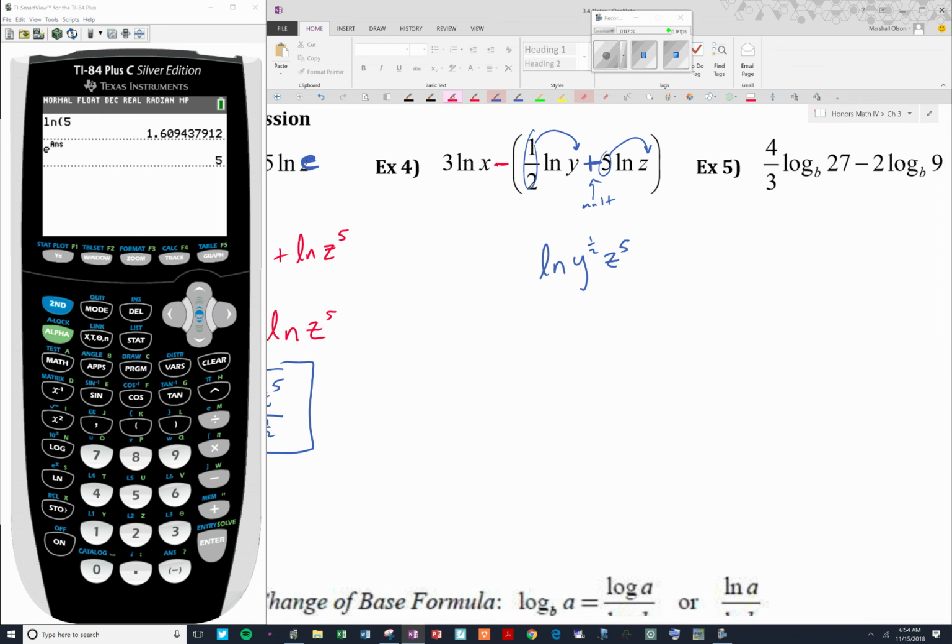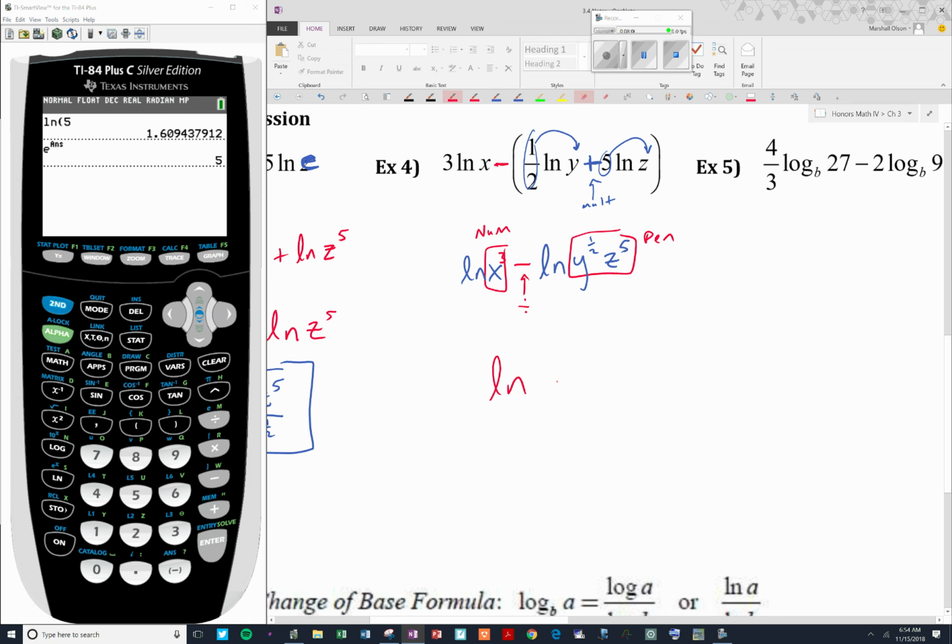This is being subtracted. So I don't need the parentheses anymore because I condensed that stuff in the parentheses. But now, actually in this step I'm also going to bring that 3 up. Why not? But now I'm going to have this as my numerator and this is my denominator, because this is going to become division within a logarithm.